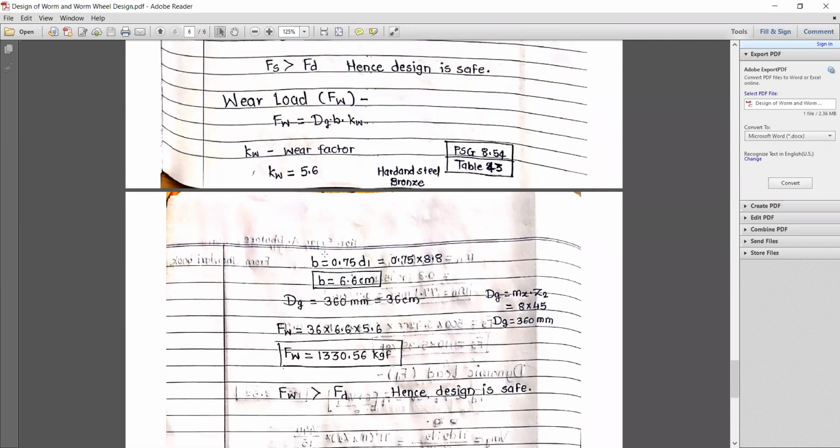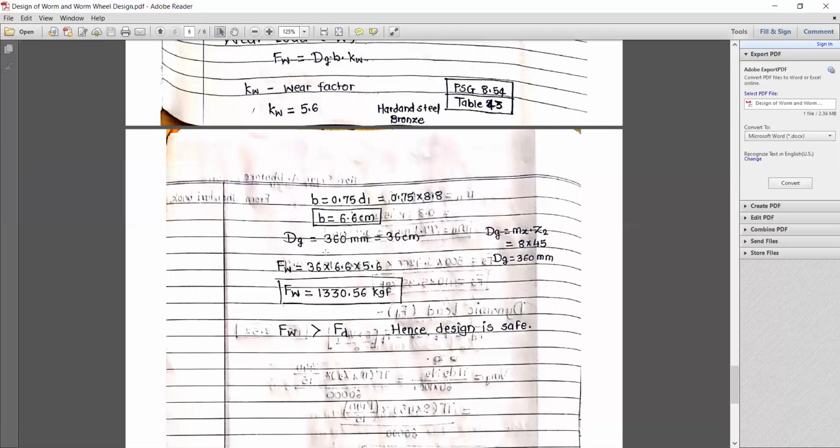Putting these values, we get Fw equal to 1330.656 kgf. So it shows that the wear load is greater than the dynamic load, and the second criterion is satisfied, and hence with both criteria satisfied, our design is fully safe.